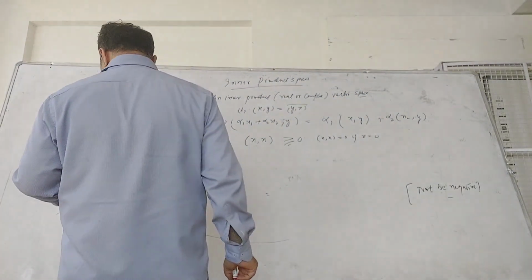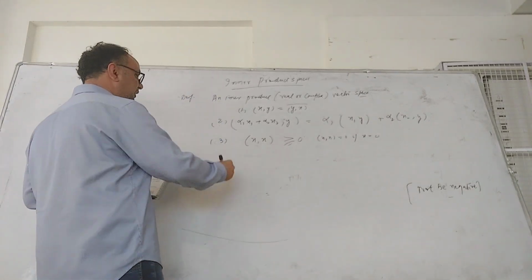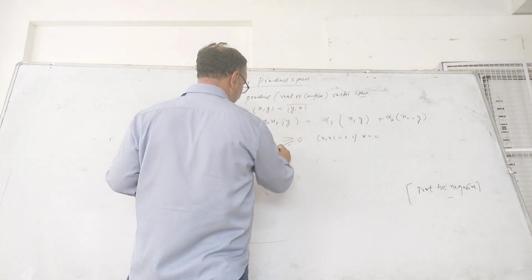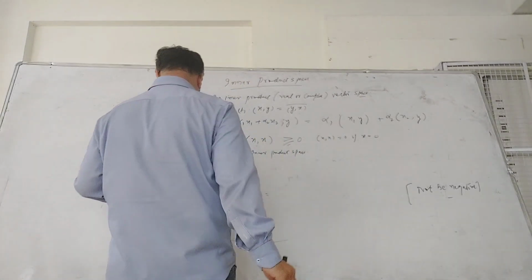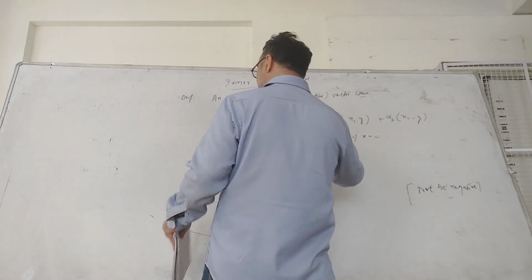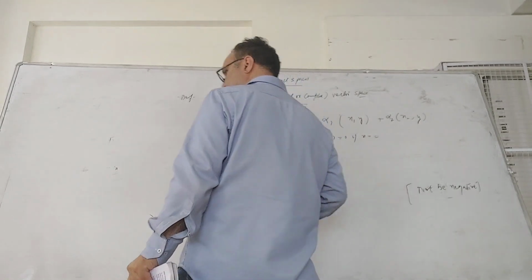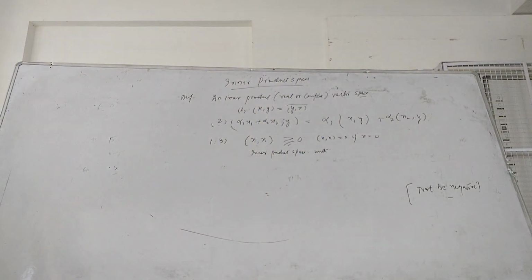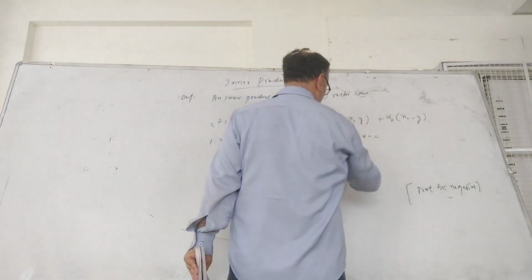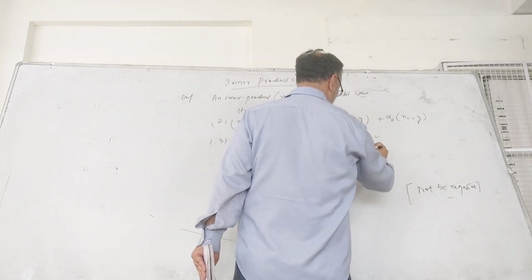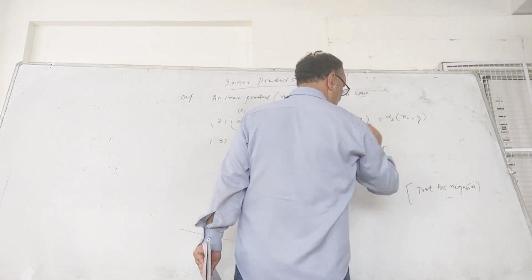So an inner product space is a vector space with an inner product.